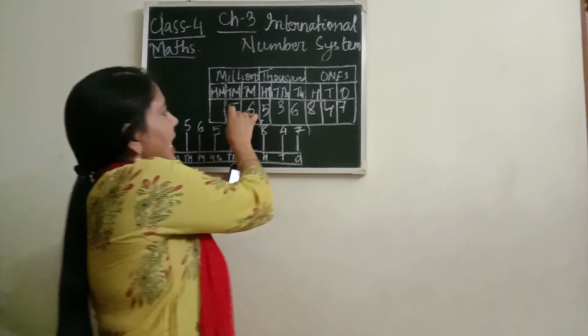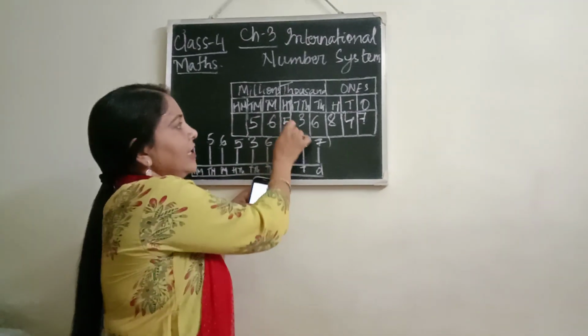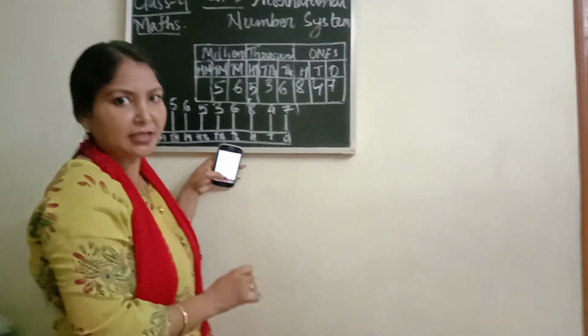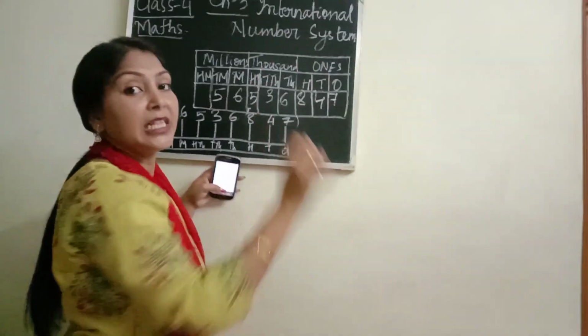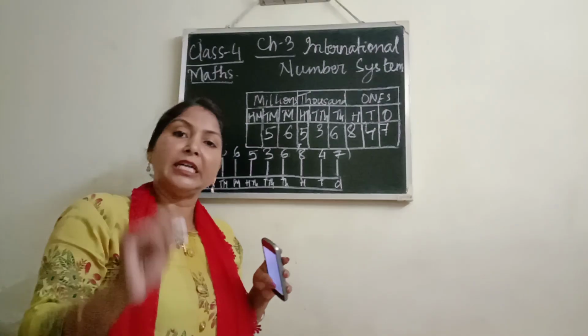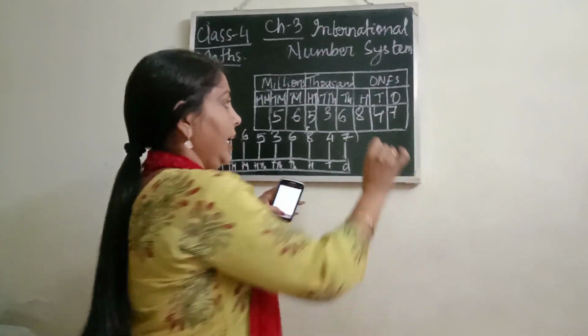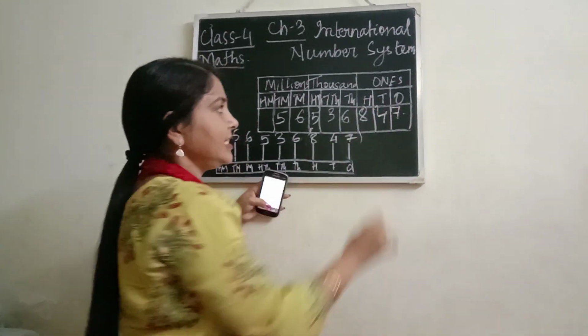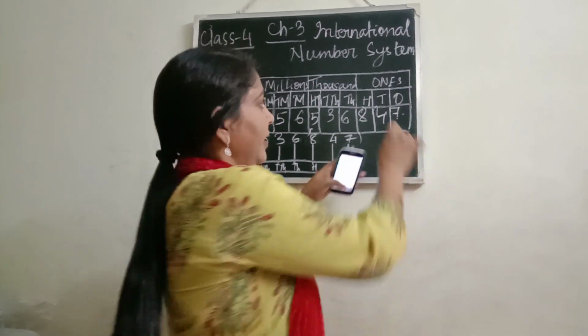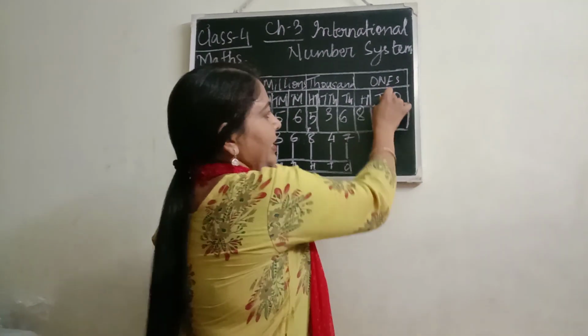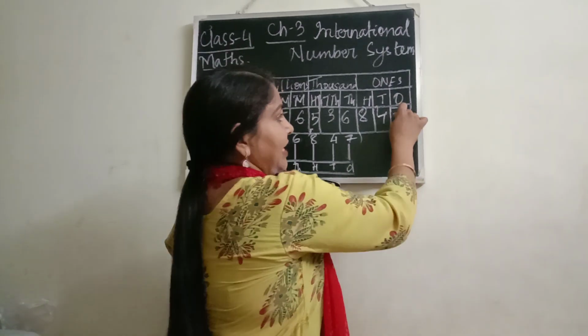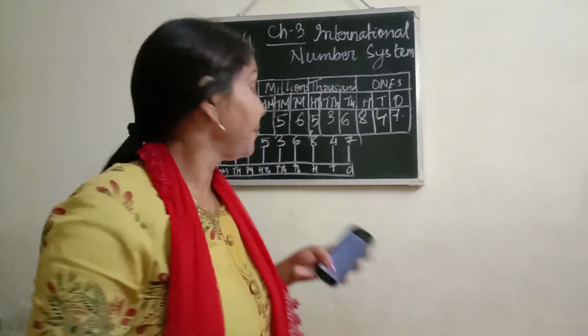After 56 millions we will read 536 thousands. Then next is the ones period, and 8 is in the hundreds place, so we will say 800. 4 is in the tens place, 40, plus 7 in the ones place, so 47.